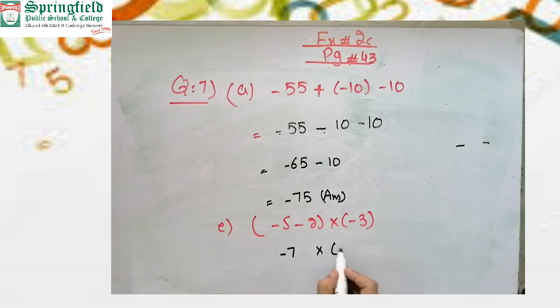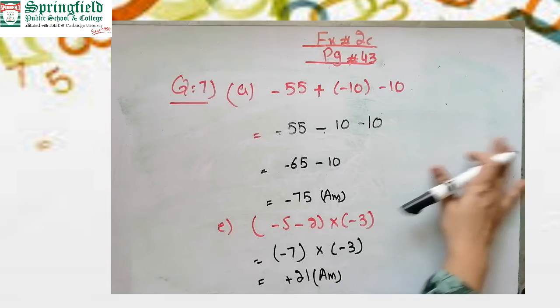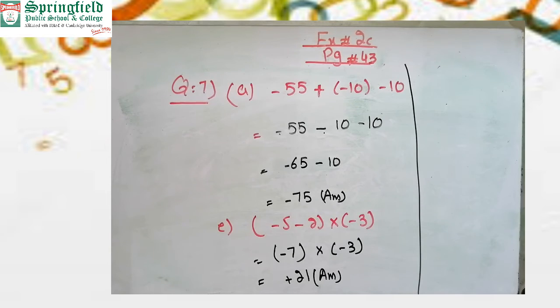Then multiply minus 3. Now 7 multiply 3, 21 minus multiply with minus plus. Minus minus plus. Understood, beta?